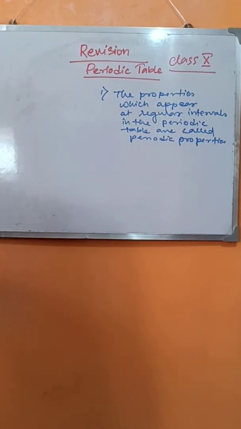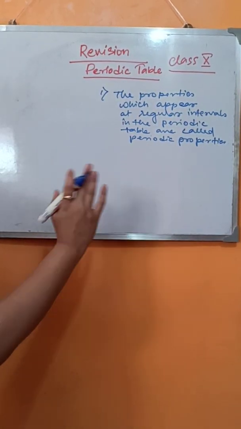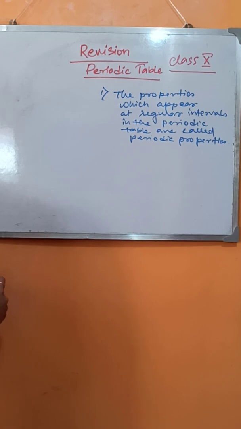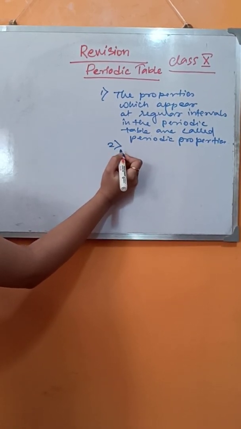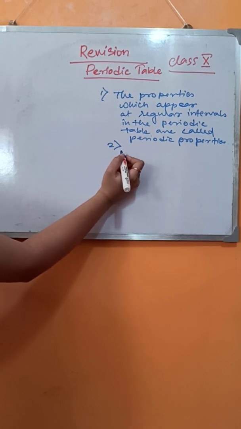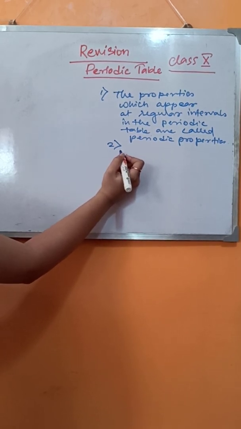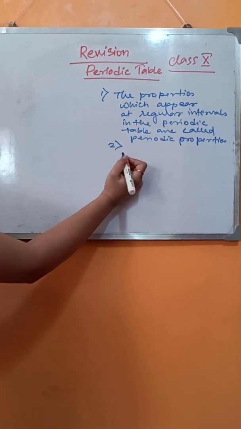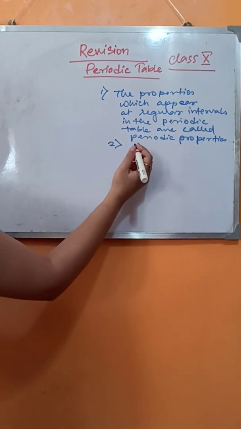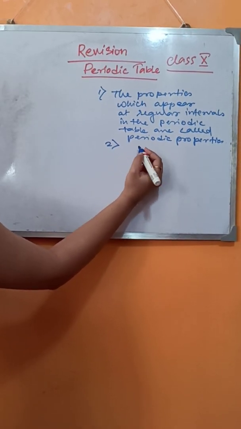Okay. Your next question is a direct question, so it is there in the book also. Why does neon have a larger atomic size than fluorine? Neon has a larger atomic size because all the noble gases have a complete valence shell configuration.